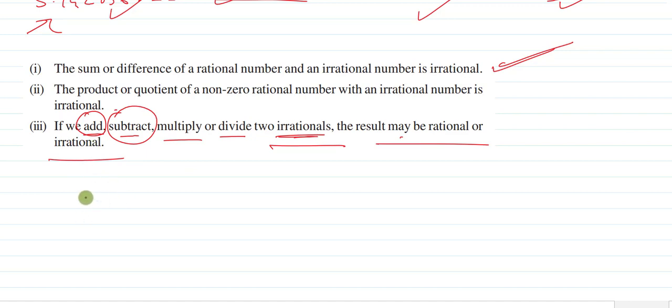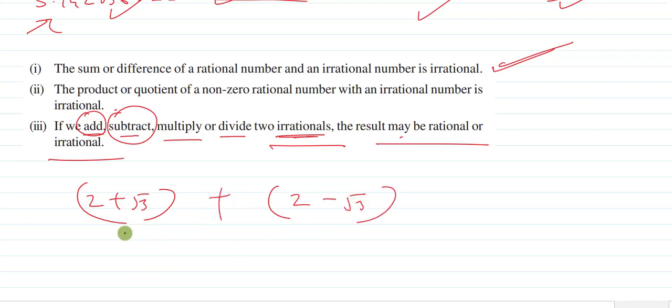Let's take an example. 2 plus root 3 we have seen, and 2 minus root 3 is there. If you are adding, this is an irrational number, because rational number plus irrational number will be an irrational number. Addition and subtraction of a rational number and an irrational number will be irrational.